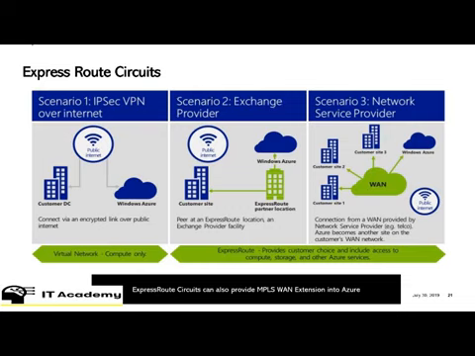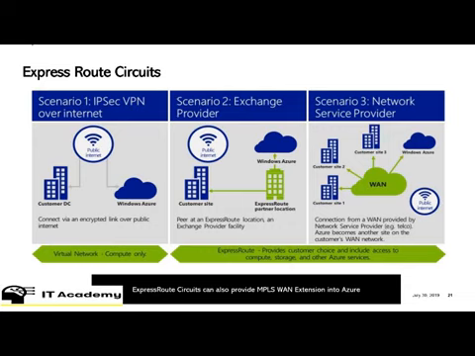In the third scenario, the network service provider scenario, our network service provider hosts an MPLS cloud for us, and they add a leg off that MPLS cloud for our wide area network into Azure. Now with both the exchange provider and the NSP models, they have a separate breakout for public internet access. So any traffic going out to the public internet is not handled by the express route circuit.